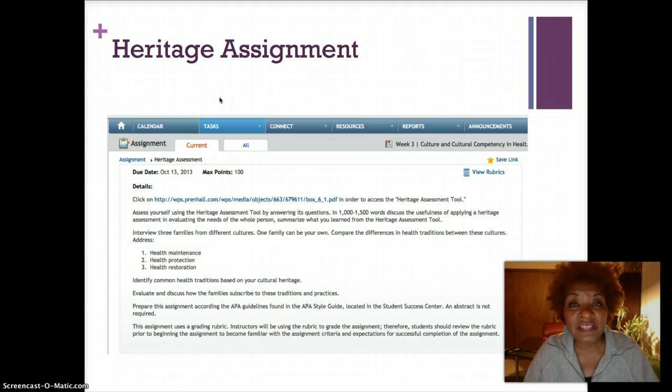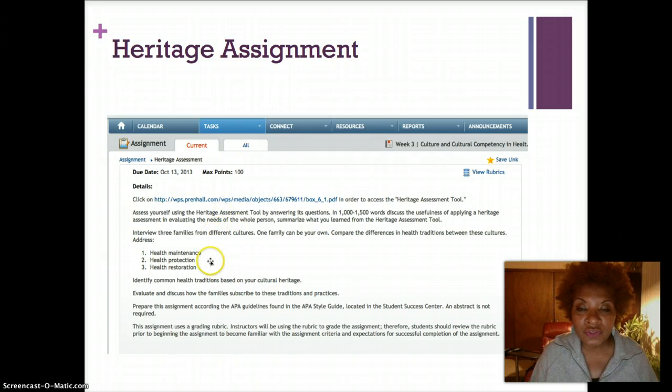This particular assignment, the heritage assignment, is looking at how you would do a cultural assessment, and why that cultural assessment and cultural awareness is important to your role as a community nurse. The assignment calls for you to take the heritage assessment tool yourself.